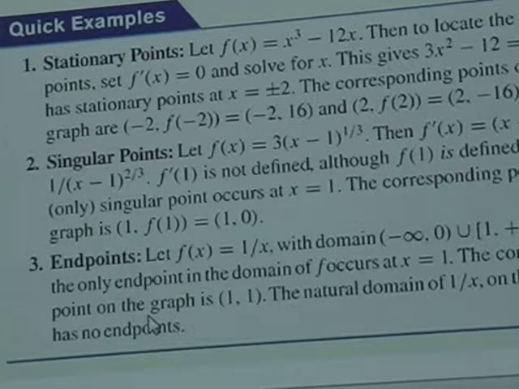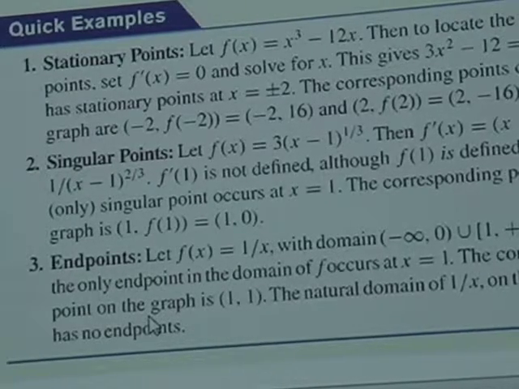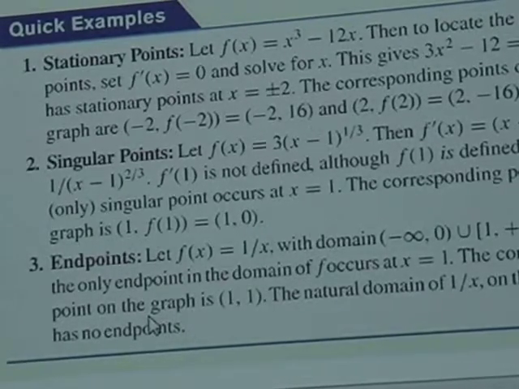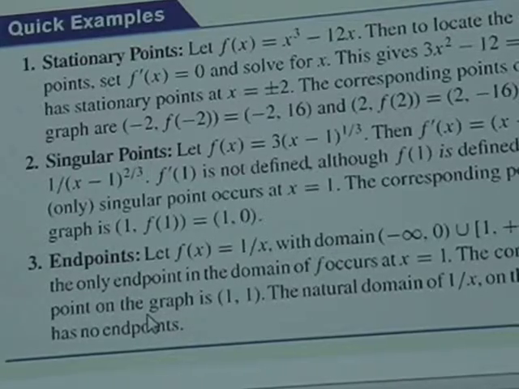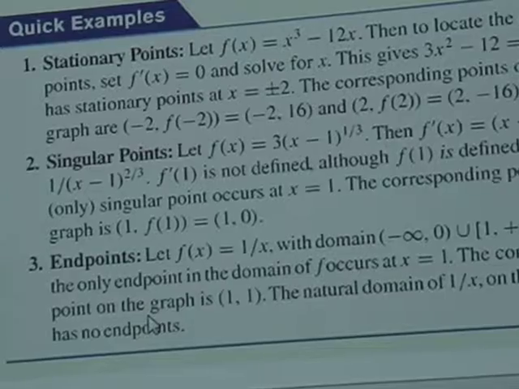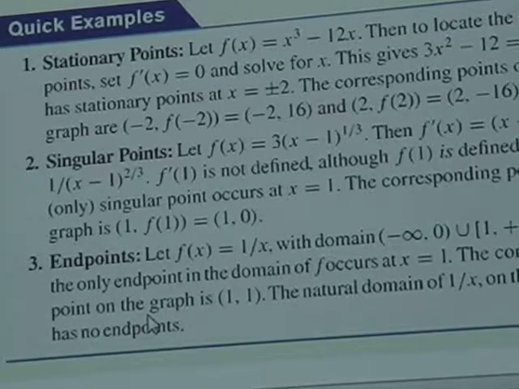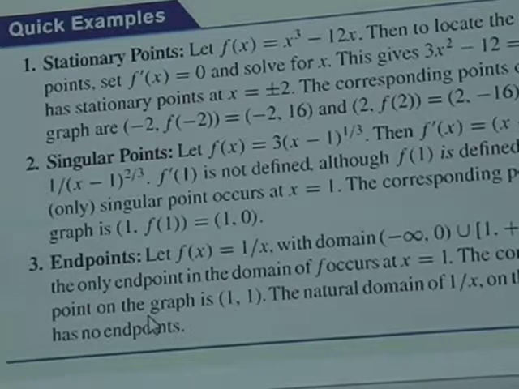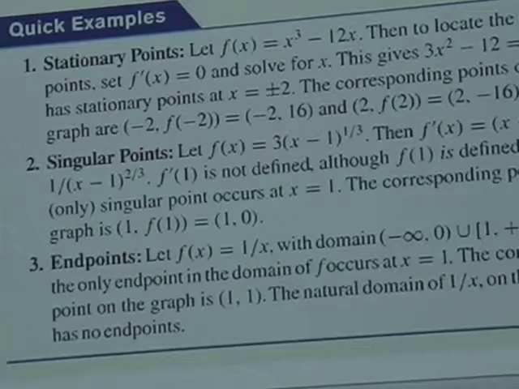We can make it smaller, but we can't make it bigger than that, because that's everything but 0, and the function isn't defined at 0. So the natural domain, which is that one on the top, has no endpoints. Minus infinity and plus infinity are not even points, and 0 is not included, so no endpoints. Okay, any questions about this?